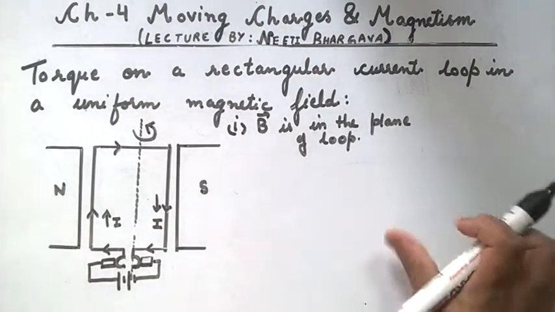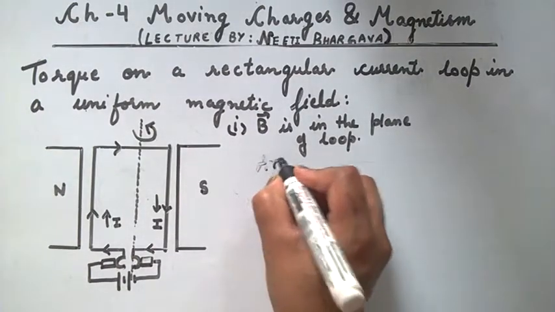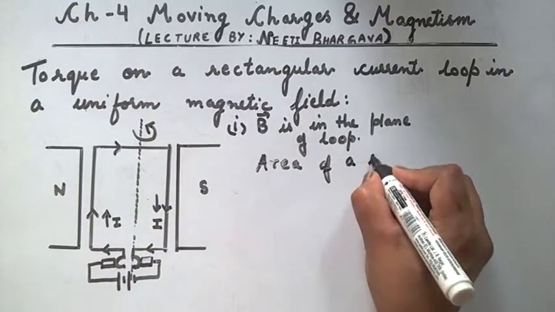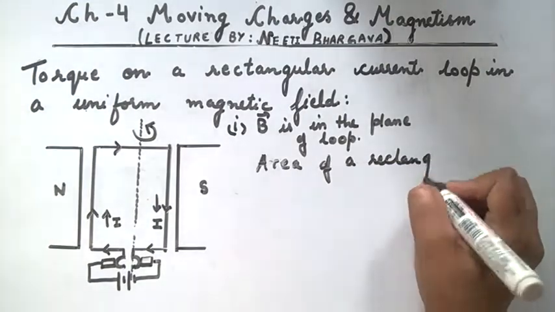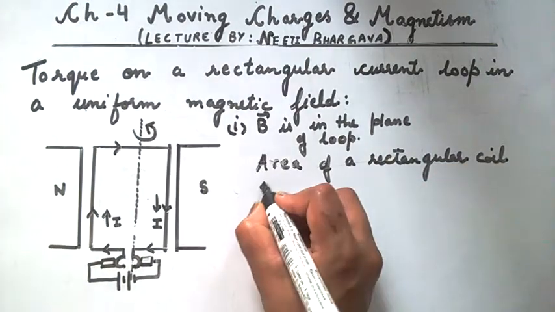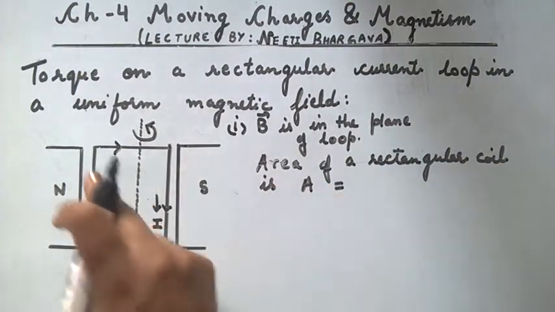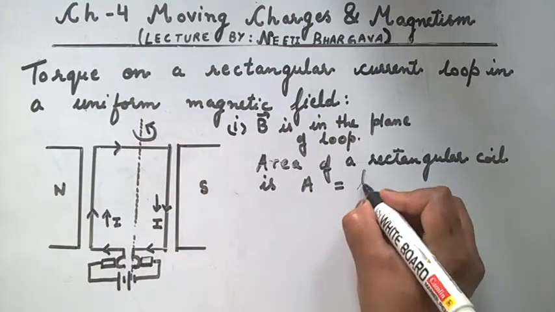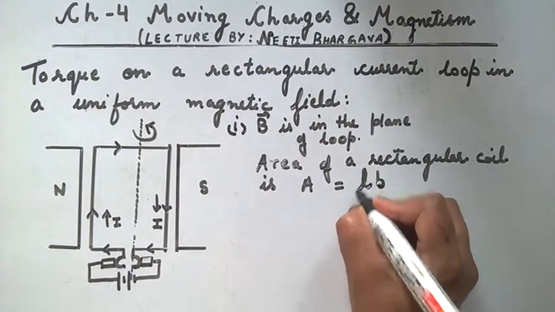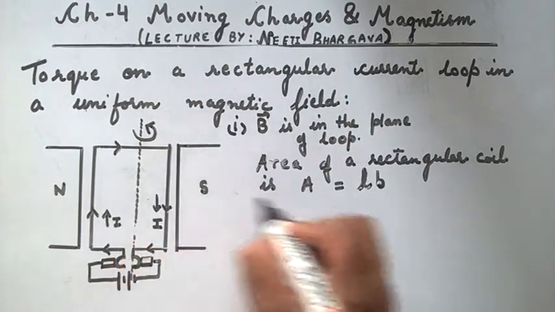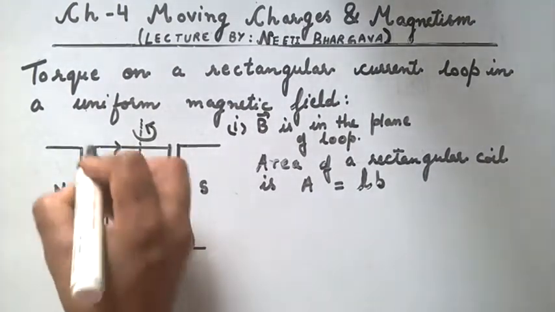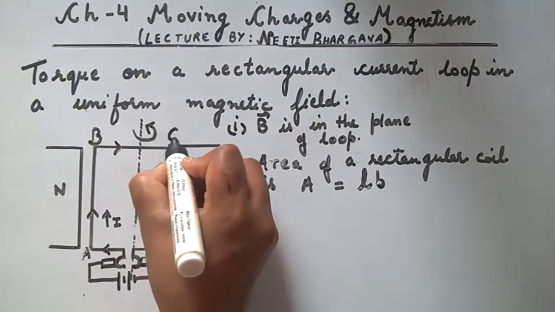Now let's calculate the value of torque. The area of a rectangular coil is length into breadth, that is LB, and this is coil ABCD.